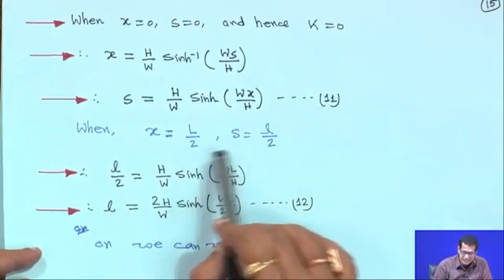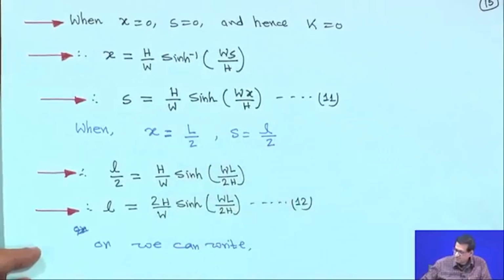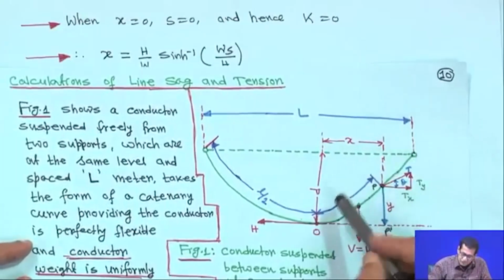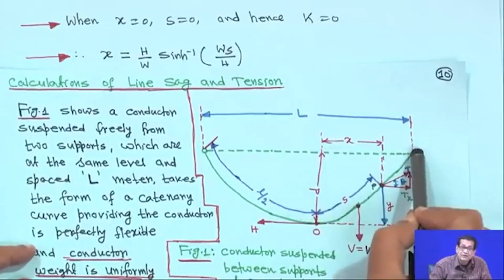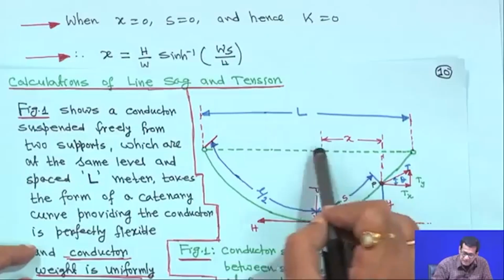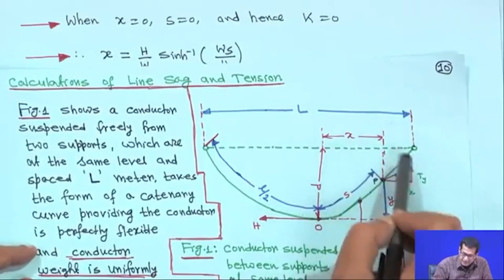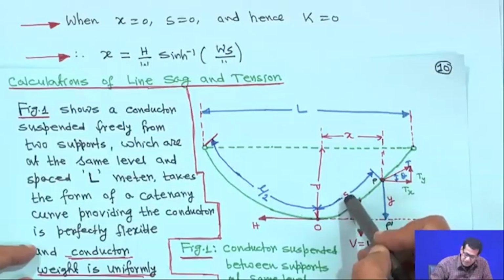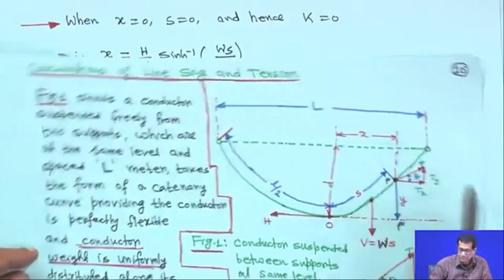Now, when x is equal to L by 2, s is equal to L by 2, that means in this figure, x is the horizontal distance. From here to here it is L by 2, because from this support to this support is capital L. So, it is a midpoint. When x is equal to L by 2, then this side is also half of the conductor length, so small s is equal to small l by 2.